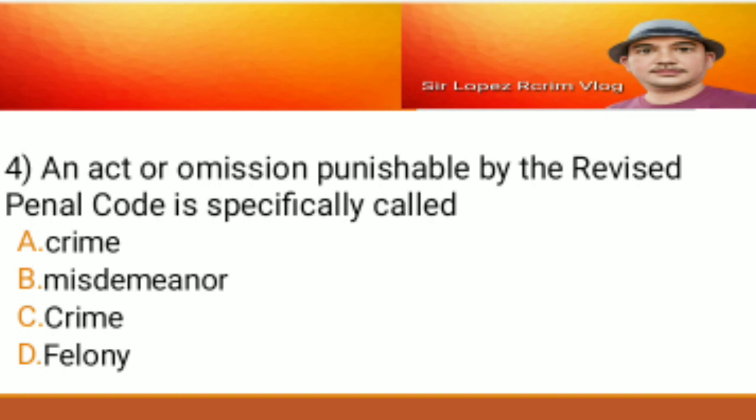Number 4, an act or omission punishable by the Revised Penal Code is specifically called letter A, crime, letter B, misdemeanor, letter C, offense, or letter D, felony. The correct answer is letter D. Number 5.